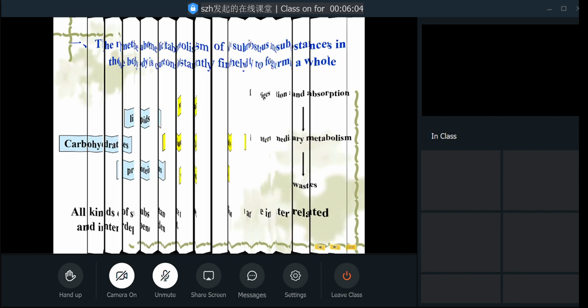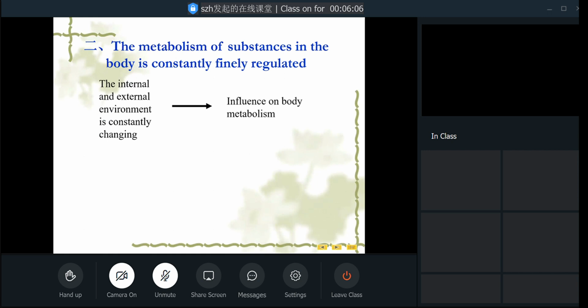And the second, the metabolism of the substances in the body is constantly finely regulated. The internal and external environment is changing, which influences the body's metabolism.